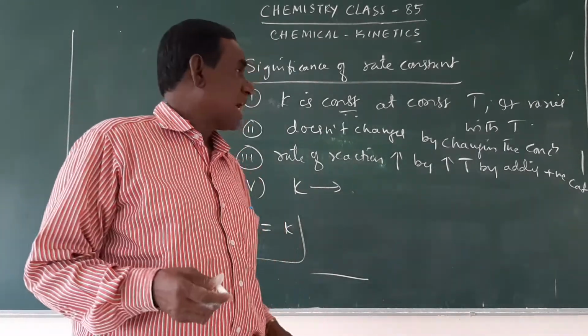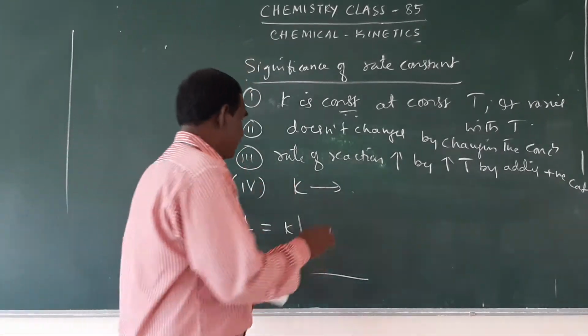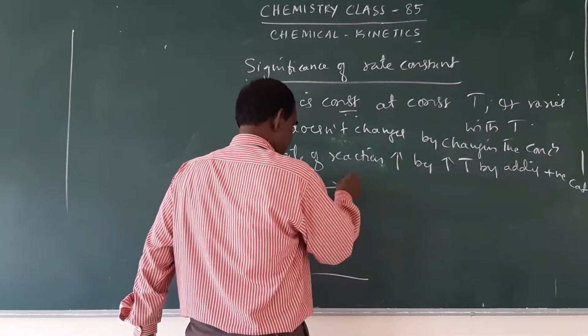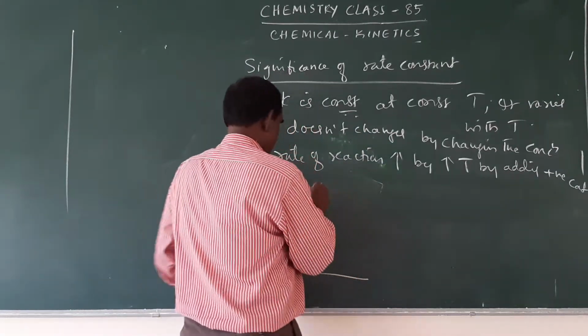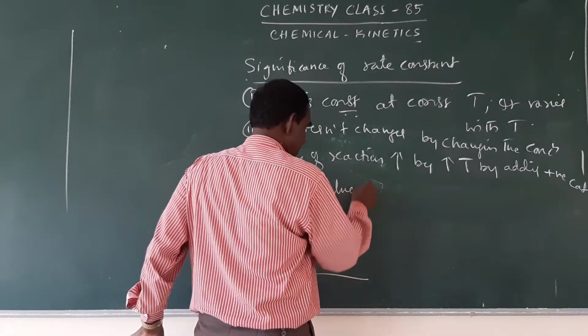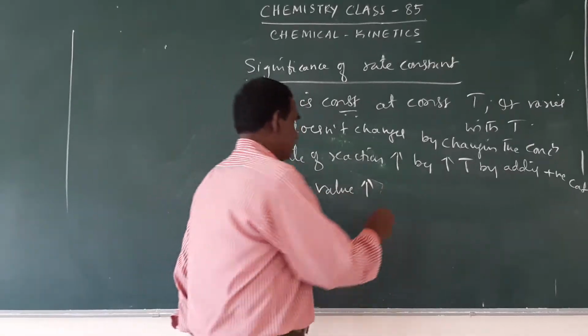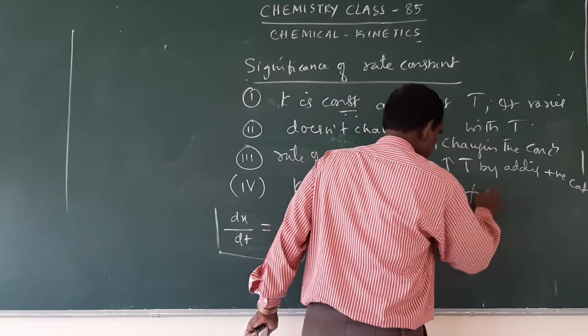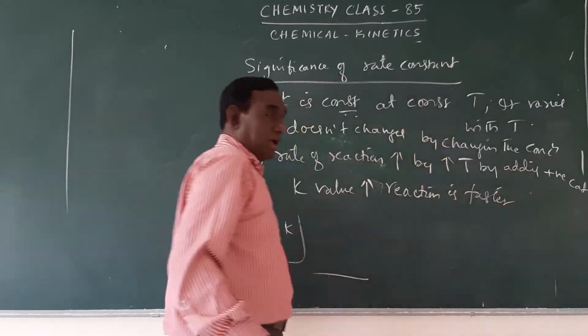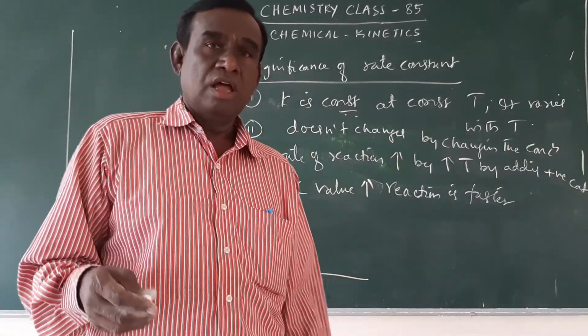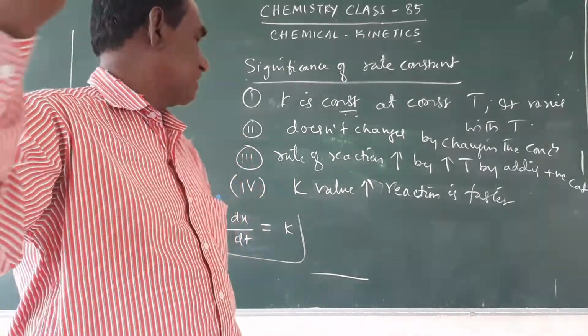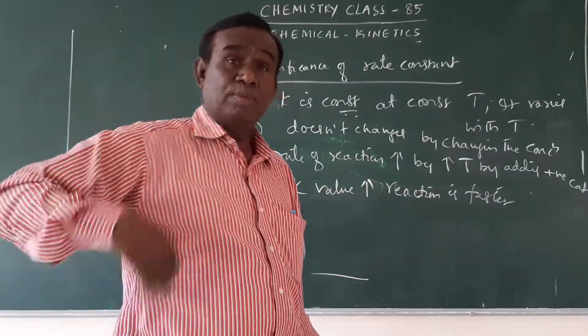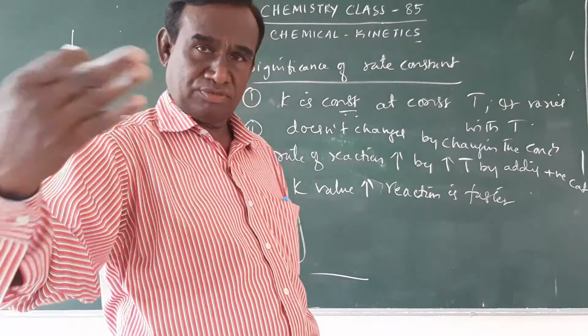Generally, as the value of K increases, the reaction is faster. The value of K indicates that as K increases, the rate of reaction is faster.